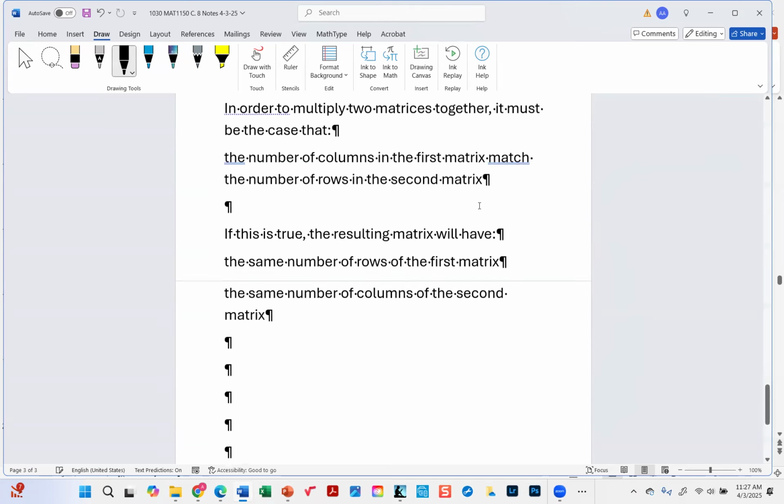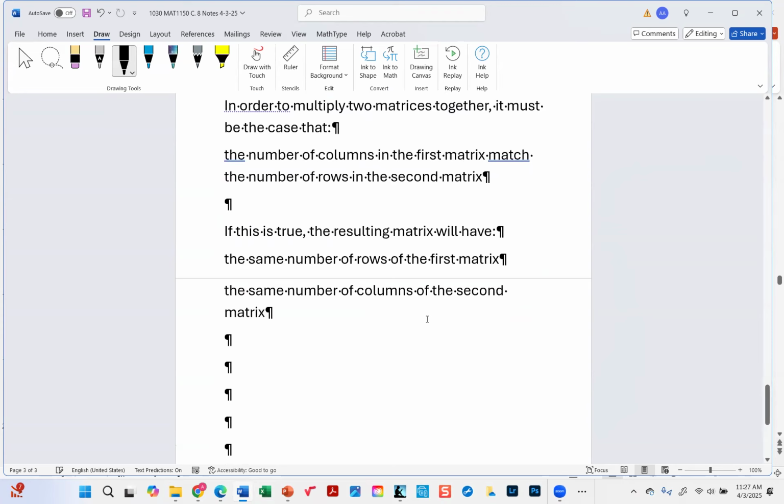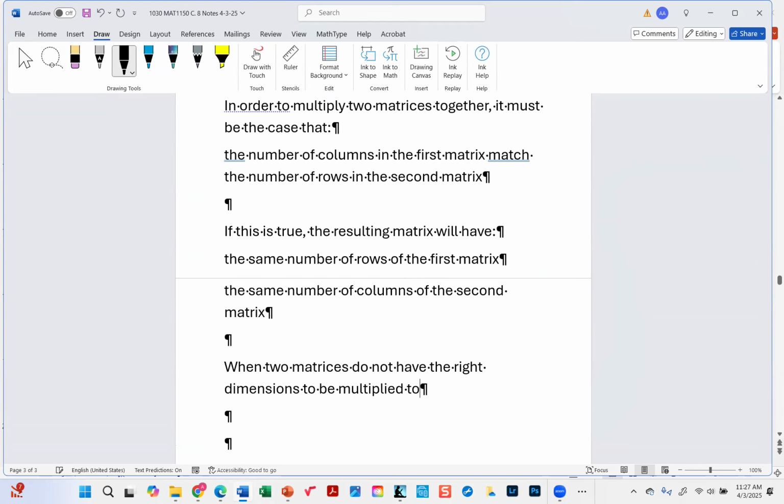Now, there's a point of terminology here. When two matrices do not have the right dimensions to be multiplied, then the product of the two matrices is undefined.